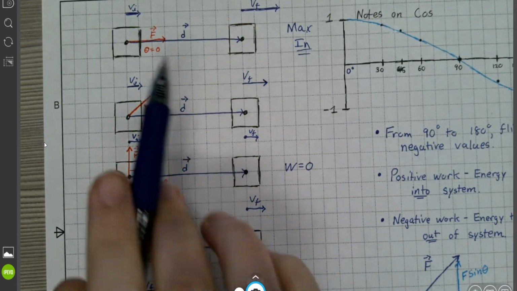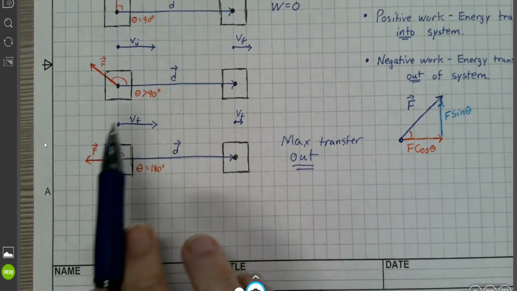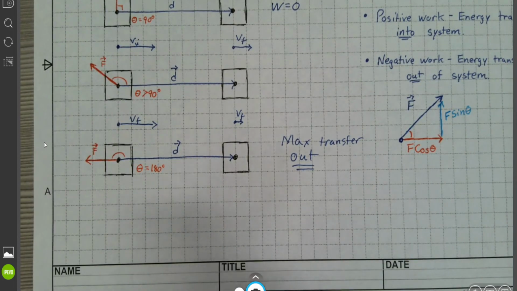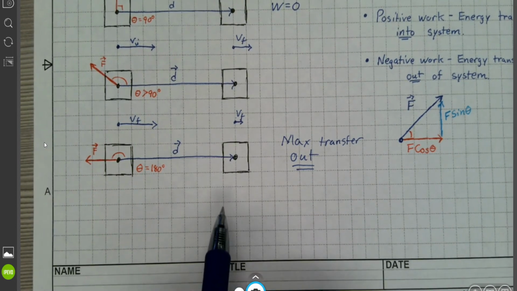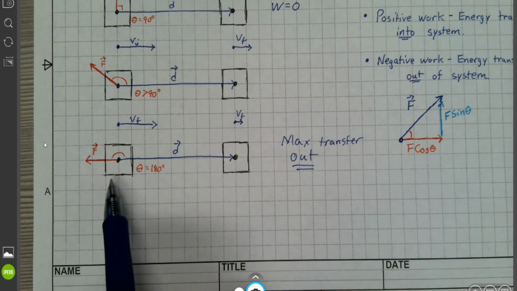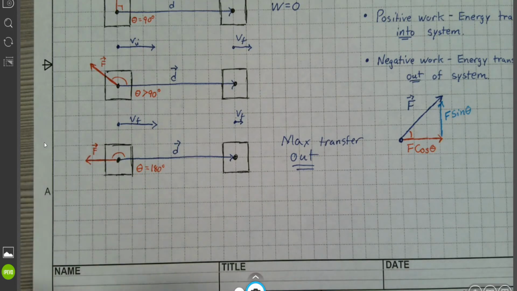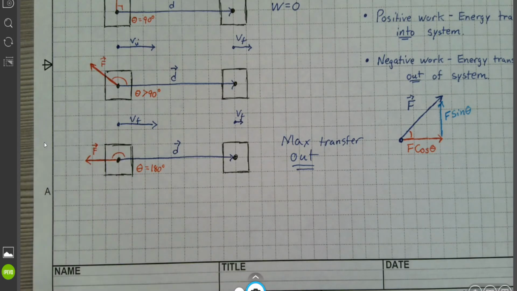So if you're doing positive work, this usually indicates a speed up. If you're doing negative work, this usually indicates a slow down or a negative acceleration, at least until you're going backwards. Okay, so keep in mind though that once you start going backwards, the situation starts to change, because then you would be accelerating again. So be careful with your signs and what you do with it.